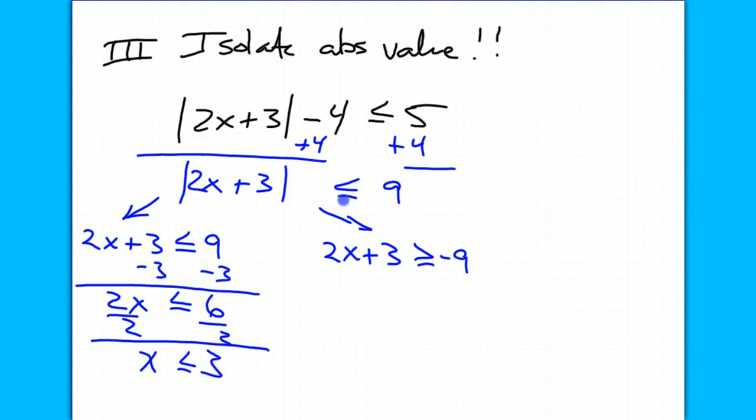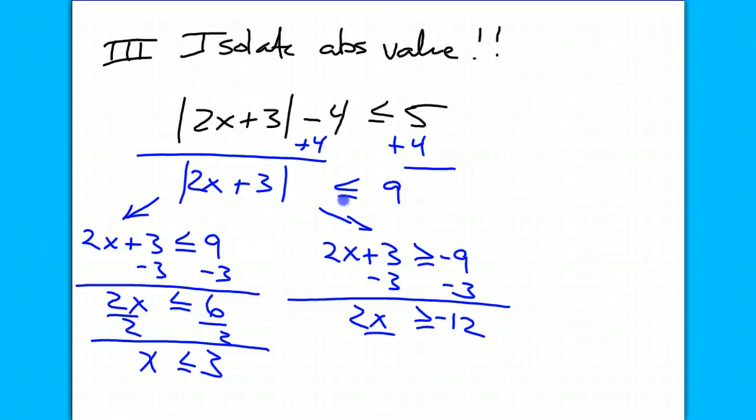And then we have the same subtraction, but what do we have here now? Negative 12, good. And when you divide now by 2, what do you have now? Good. Okay.